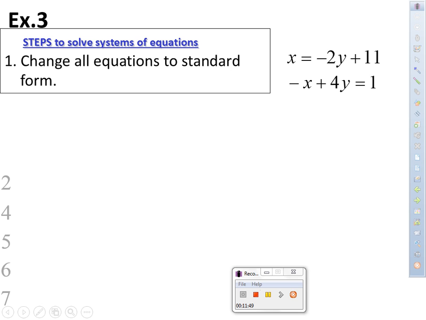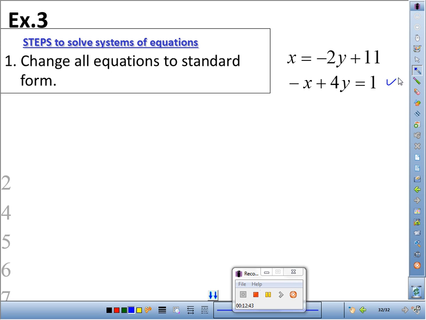Okay, so this one's already in standard form. We just need to get the y on this one, right? So check this out. Instead of rewriting both of them, since this one's already done, we just need to rewrite this one, right? So I'm going to rewrite that right underneath by doing my step right here. So what do I need to do here?